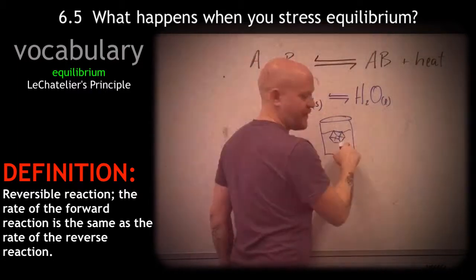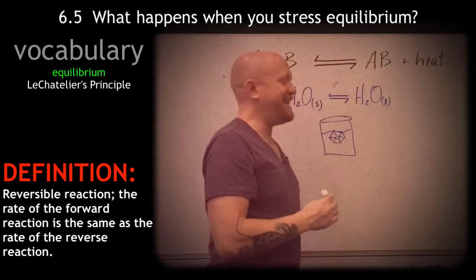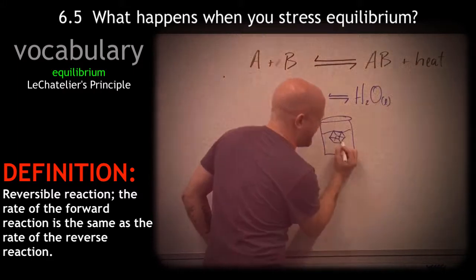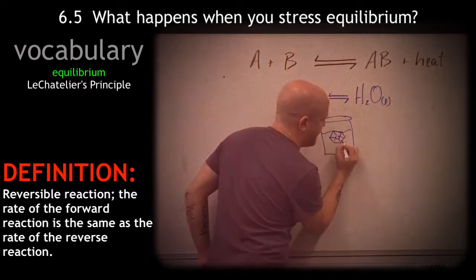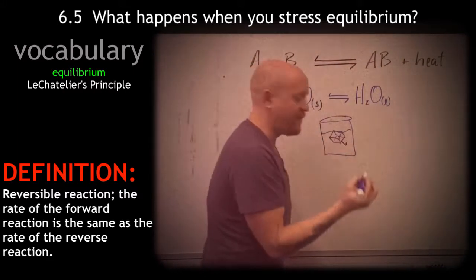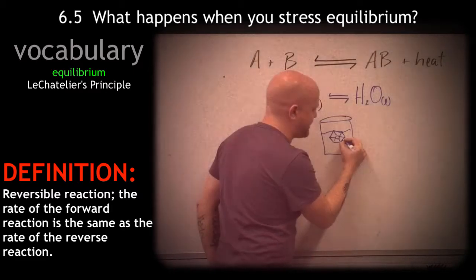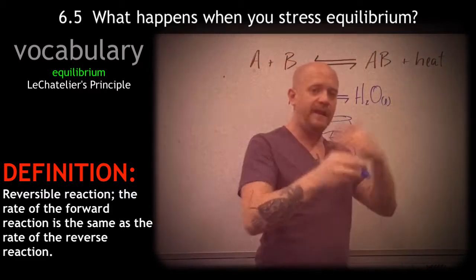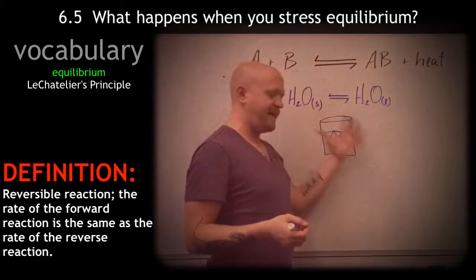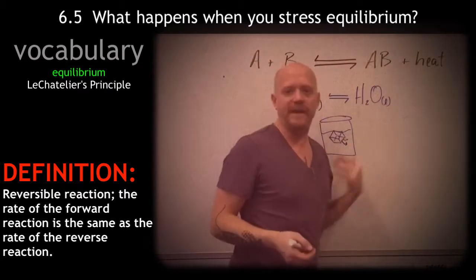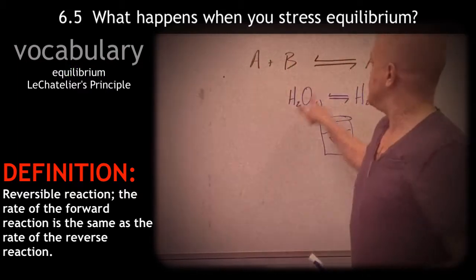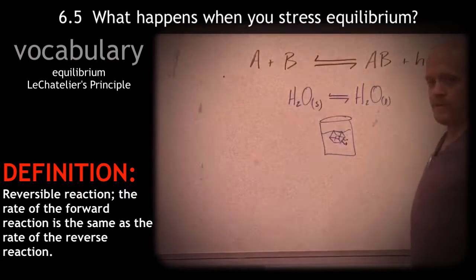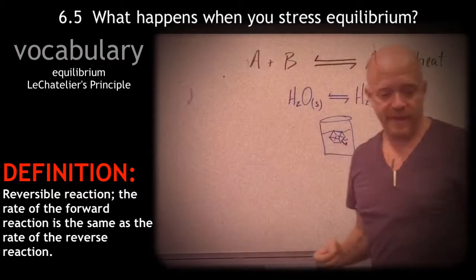Some of the particles are going to be liquid water, but some of the particles on the ice cube are going to go from solid to liquid, and some of the liquid particles are going to refreeze onto that solid ice cube. It's going to be in equilibrium until the temperatures equalize. That's going to take a while. Now, when you see the symbol, forward equals reverse, the rate.